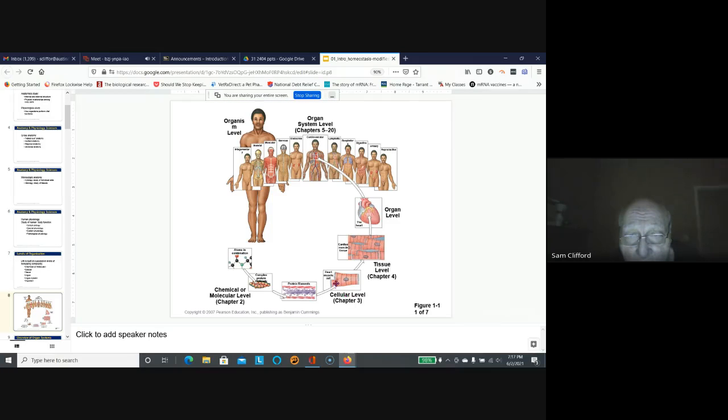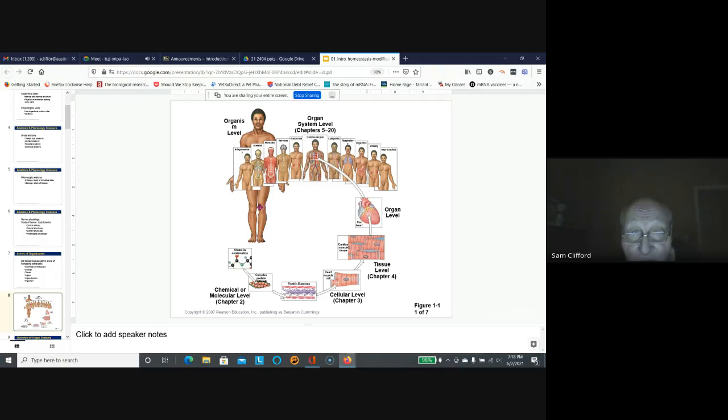So this shows an image to represent that living things start with molecules, build cells and parts of the cell, and so on, end up with tissues, organs, and systems.